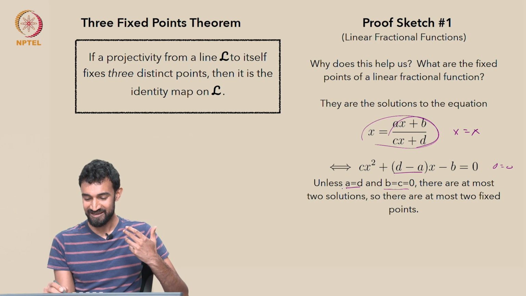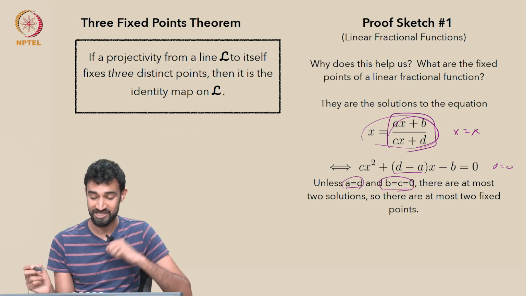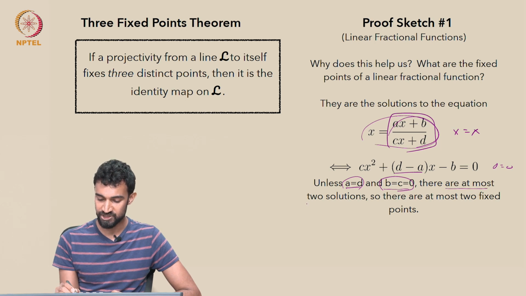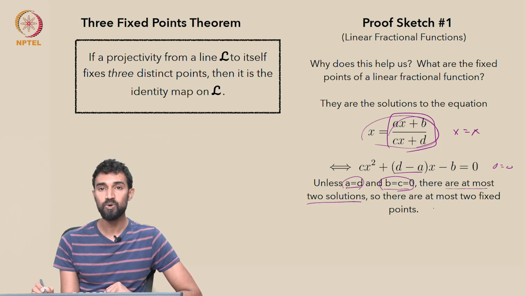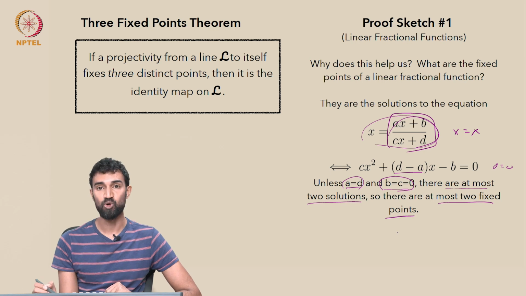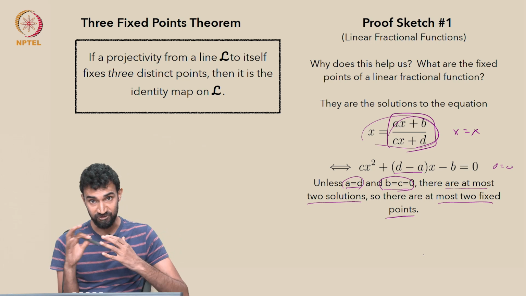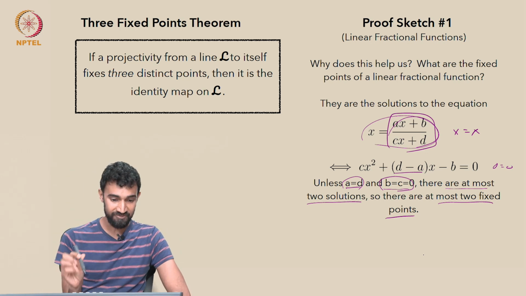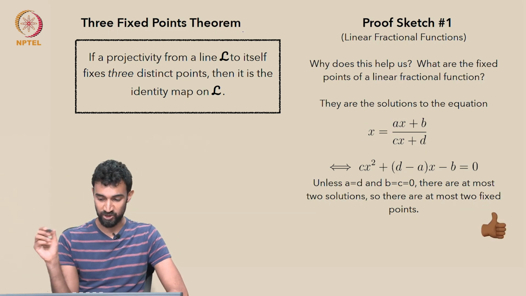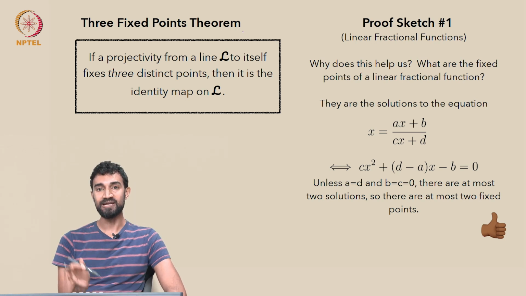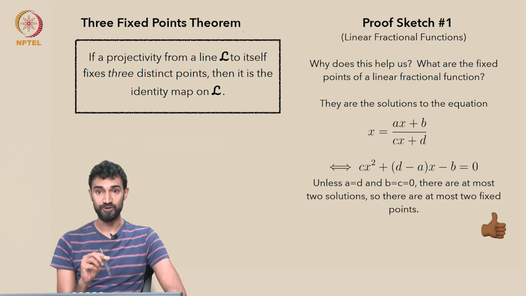If a equals d and b equals c equals 0, then this is just the identity function. So then there's infinitely many solutions. On the other hand, if that's not the case, you can solve this equation and there's at most 2 solutions. So there's at most 2 fixed points. There cannot be 3 or more fixed points without it being the full identity function. So that proves the 3 fixed point theorem, modulo that challenge exercise, which I'll leave for you.